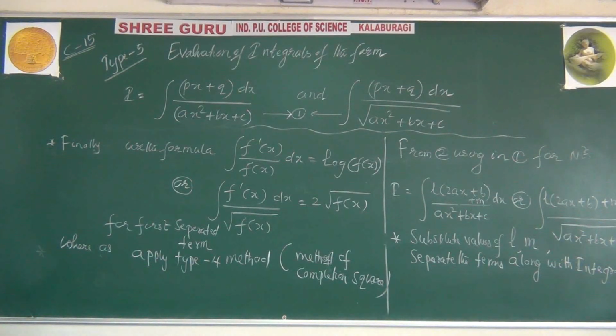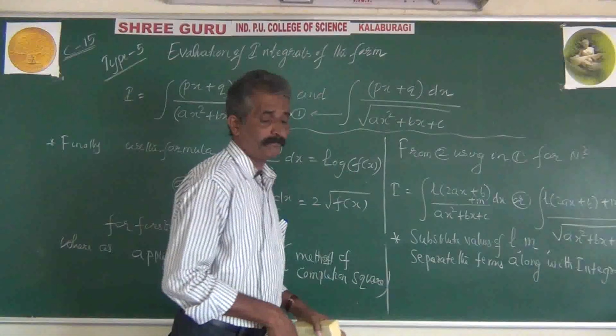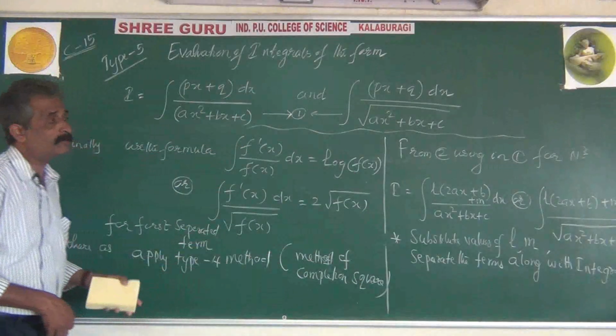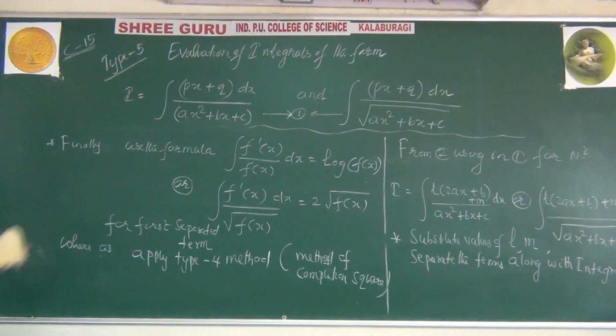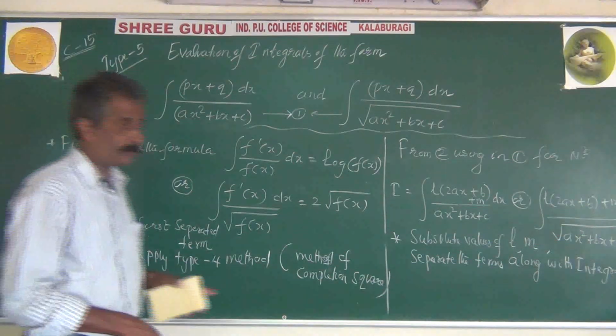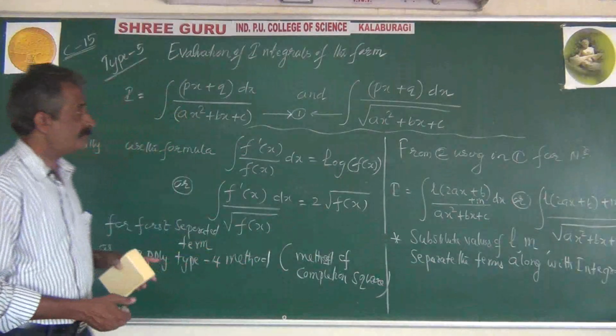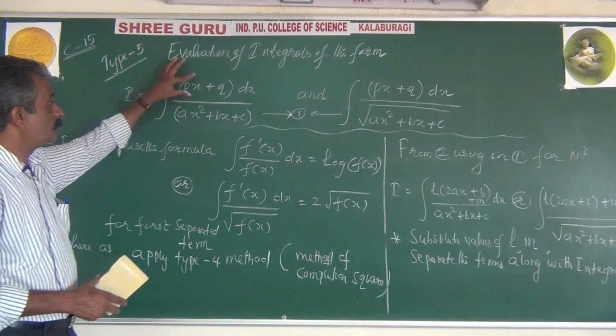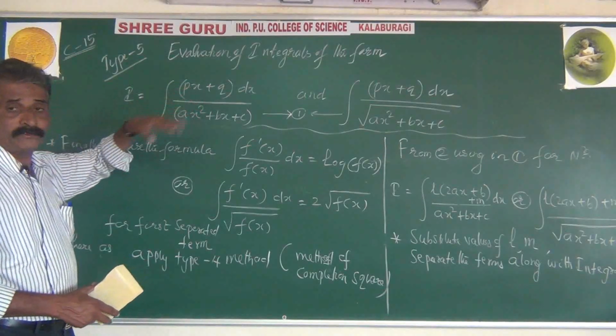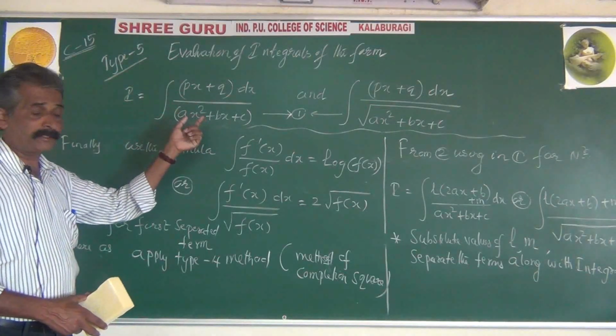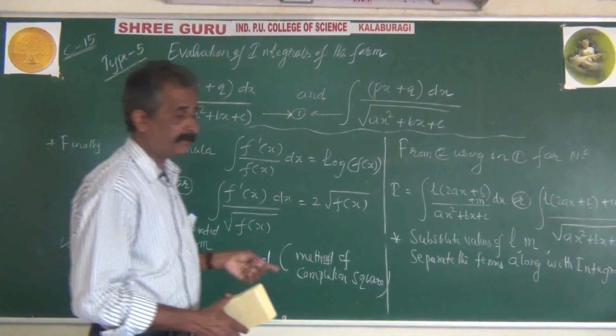So this is the background, or blueprint, to solve problems of this type. When we solve problems, we come to know easily how this method is implemented. So let's have problems on type 4. Again I explain. First step, write the numerator as a constant L into the differentiation of the quadratic expression plus another constant m.